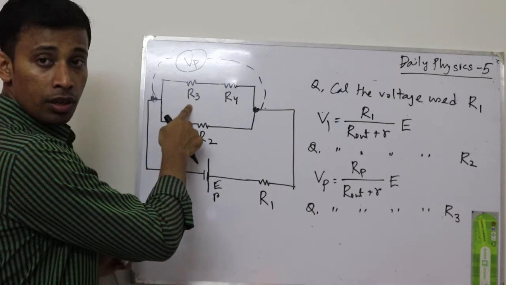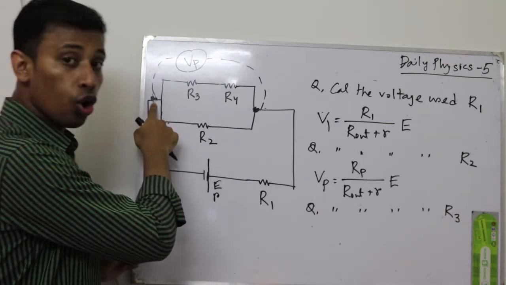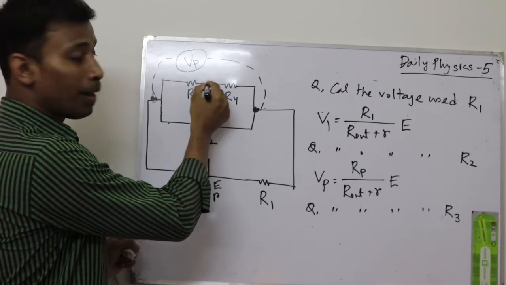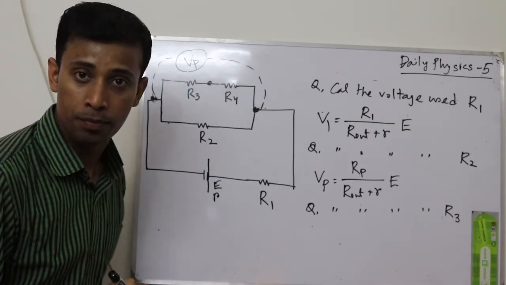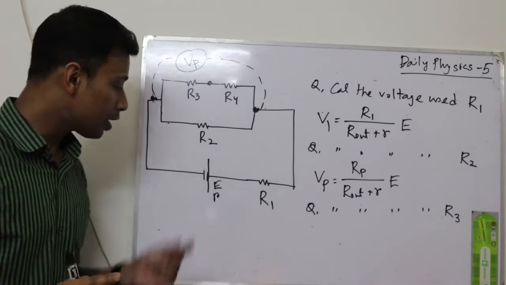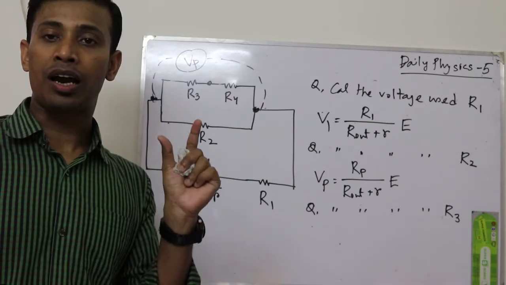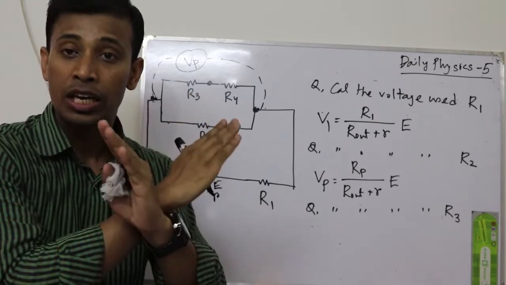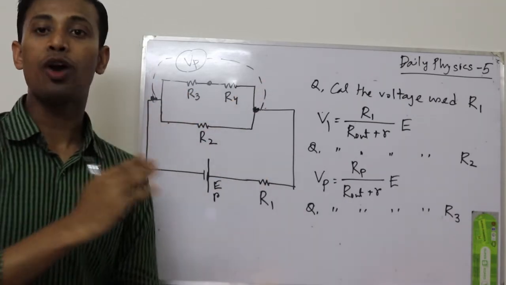So the starting point of R3 and the starting point of Vp are the same, but the ending points of R3 and Vp are not the same. So unlike R2, the voltage used by R3 will not be Vp, as their starting and ending points are not the same. So how do we get it?